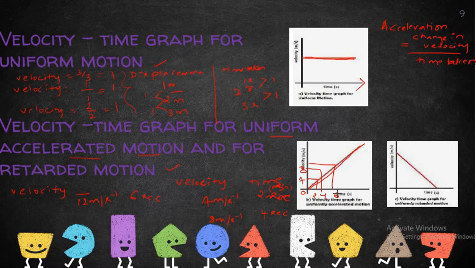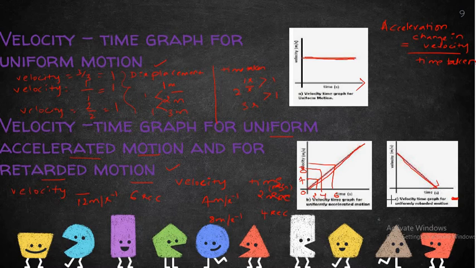In the case I discussed previously, for the distance time graph, a linear graph was for retarded motion. Retarded means the velocity is decreasing with time.